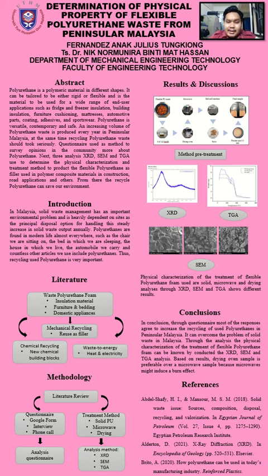Second one is mechanical recycling, where we can reuse it as a filler. My study is going to find the characteristics of the recycled PU. The third one is waste to energy, where we can produce heat and electricity.